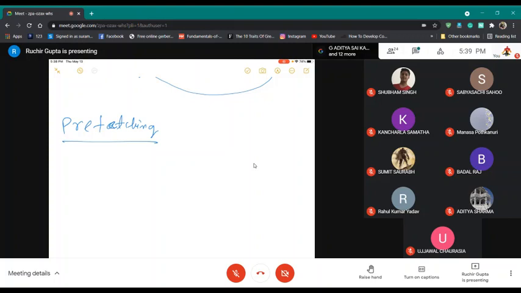To do that, there are two ways. Either programmers can, depending on the requirement of variables or data that the program is going to need, write a small piece of code that will fetch that data to cache, or the compiler itself can do that. A programmer will write the program the way they write it, and then the compiler will insert the instructions, and this way prefetching can be done.